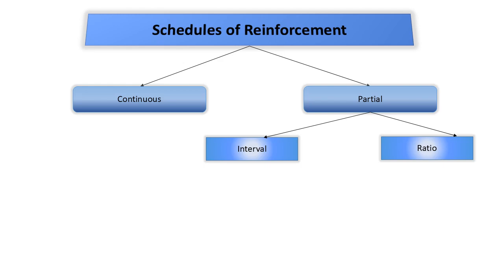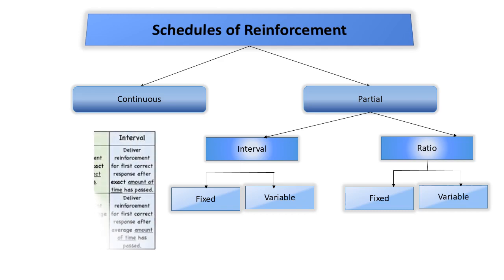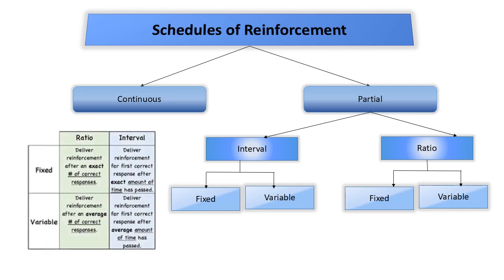Both these types, interval schedule and ratio schedule, are further classified as fixed and variable. And we can combine them to create four different types of reinforcement schedule: fixed interval schedule, variable interval schedule, fixed ratio schedule, and variable ratio schedule.